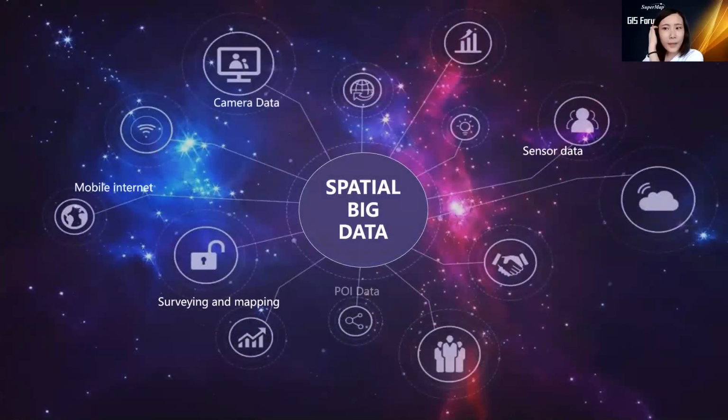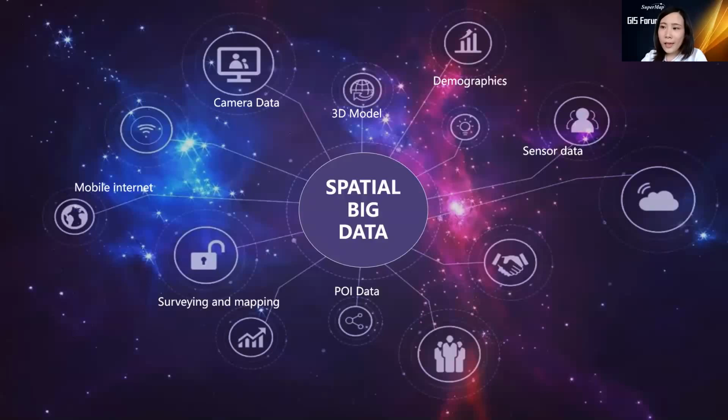So I think some of you, well, most of you may not be strange to spatial big data. It comes from many different sources like POI data, traditional surveying and mapping, or modern mobile internet.